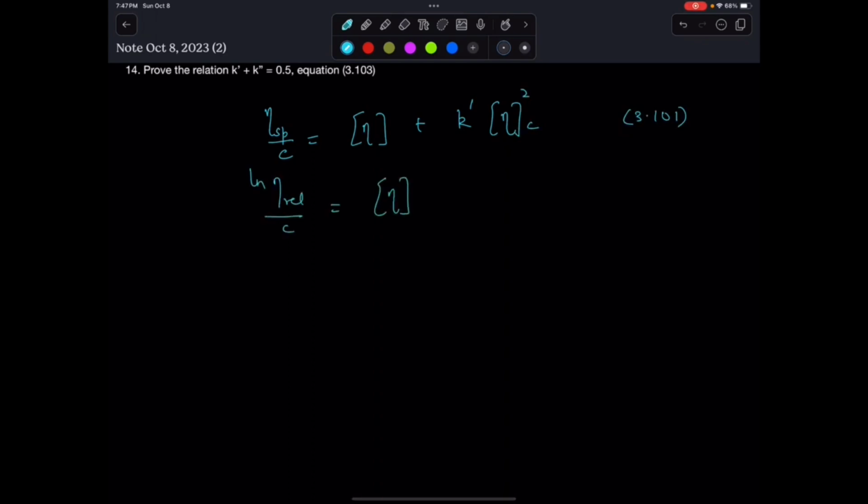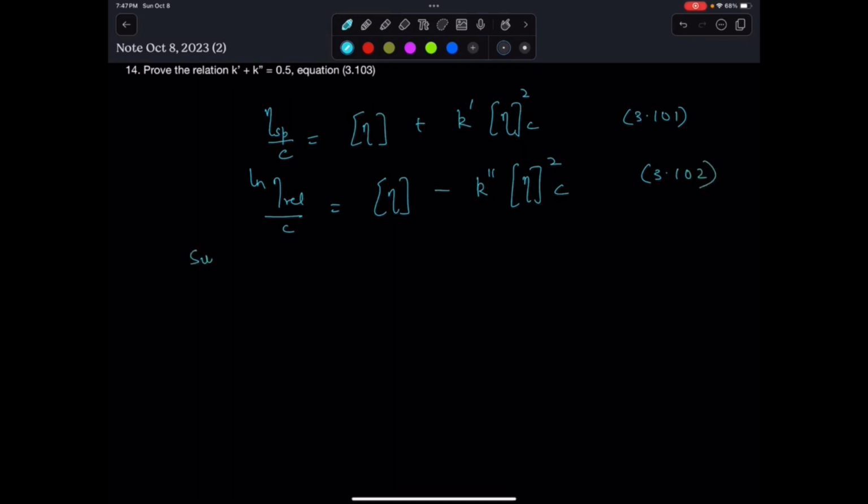Prove the relation K prime plus K double prime is 0.5, which is equation 3.103. So we have eta specific by C equals eta plus K prime eta squared C. This is equation 3.101. And then ln eta relative by C equals eta minus K double prime eta squared C. This is equation 3.102.